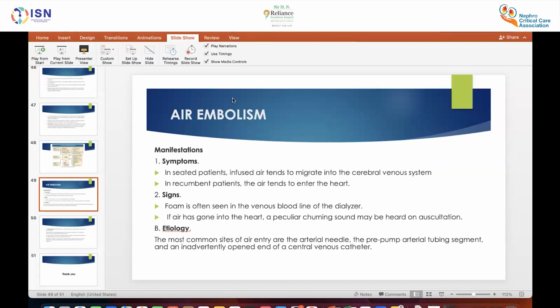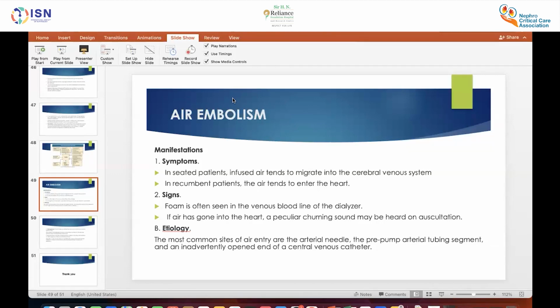Rarely have we seen patients requiring cardiac catheterization. Usually they recover after a few days if you give them this position and keep them on a high flow mask. Whatever small bubbles have gone inside causing any hypoxia will be resolved and the air gets absorbed.